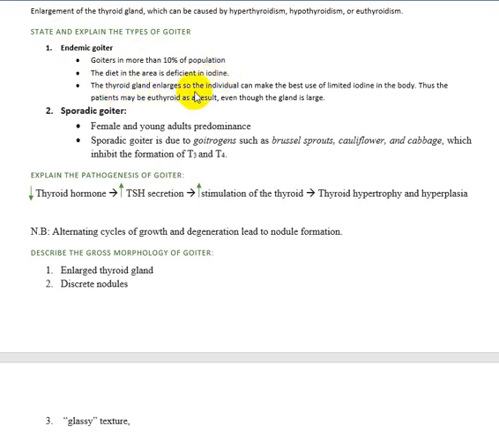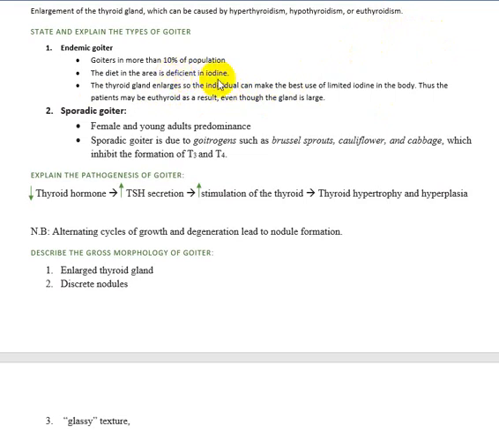The thyroid gland is going to enlarge so that it can take the best of the limited iodine. So the thyroid gland enlarges to receive most of the iodine. Now you see that the person in this case can have a goiter but is euthyroid. So he can have a goiter with euthyroidism, but not hypothyroidism.